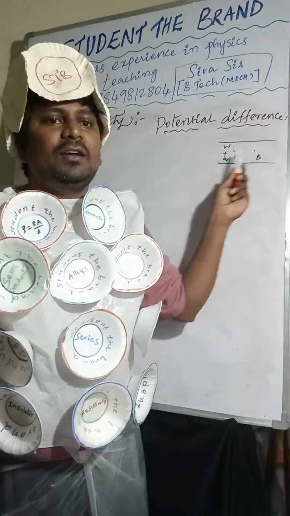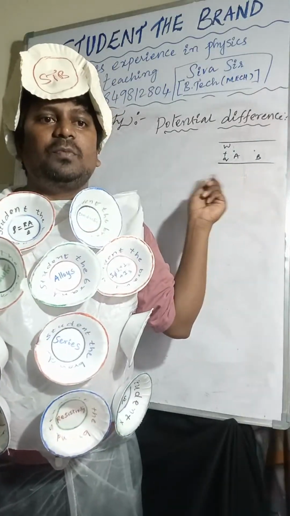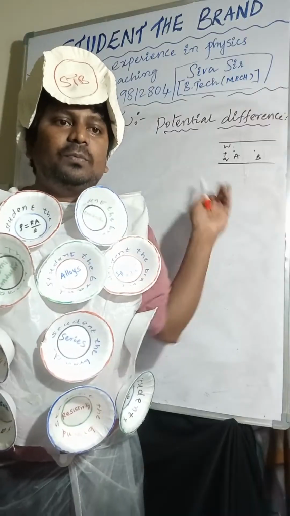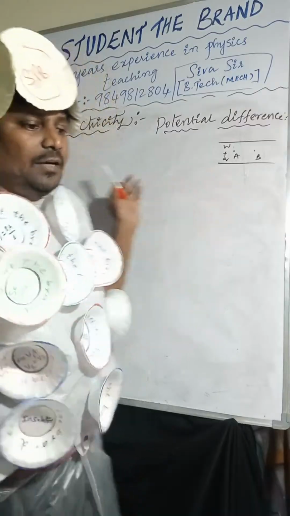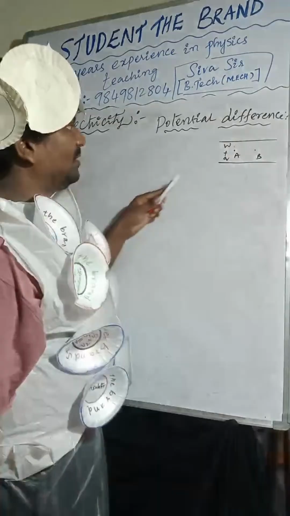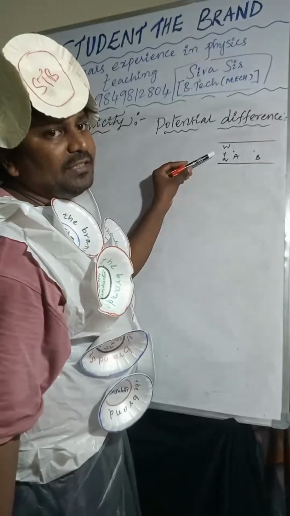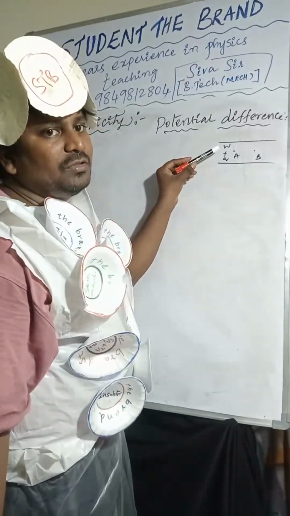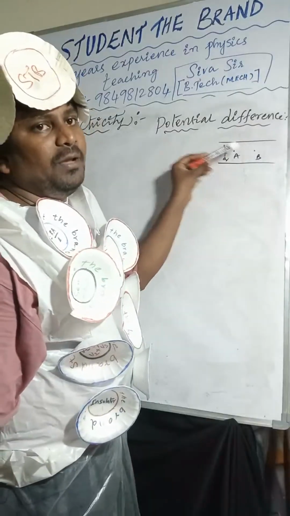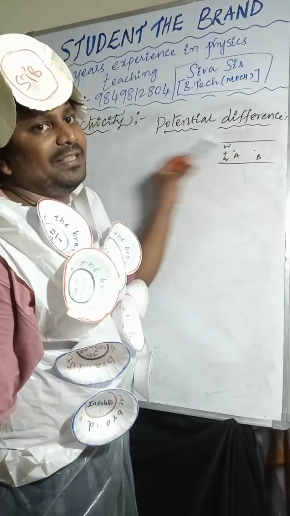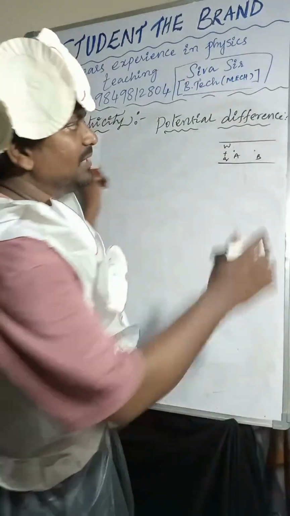We are doing some work to bring the positive charge from point A to point B. That is called the potential difference.